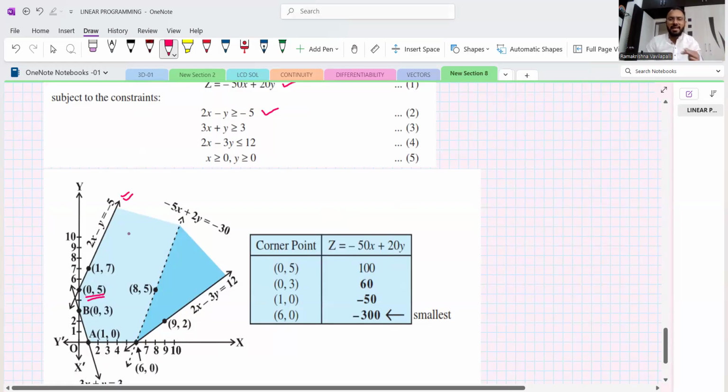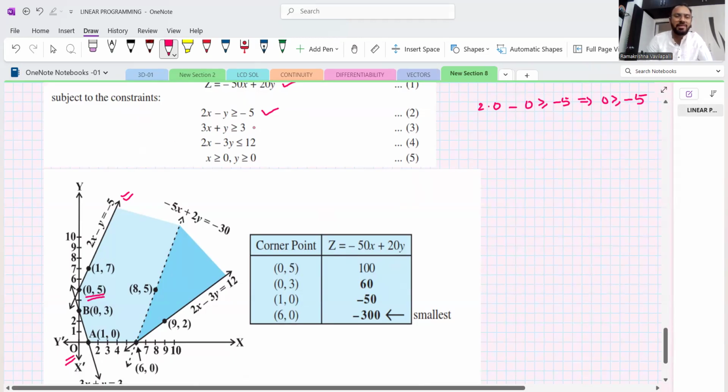Whether we have to take below the line or above the line, we have to see. For that, better you substitute the origin. 2 into 0 minus 0 greater than or equal to minus 5 implies 0 is greater than or equal to minus 5. It is satisfied, so you take the region containing that point.